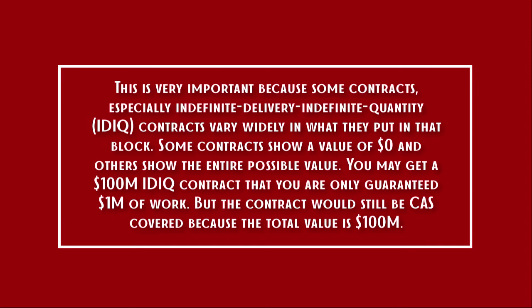Some contracts show a value of 0 and others show the entire possible value. You may get a $100 million IDIQ contract that you are only guaranteed $1 million worth of work. But the contract would still be CAS covered because the total value is $100 million.